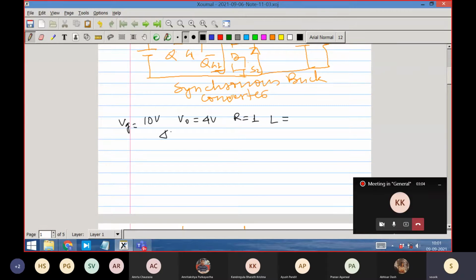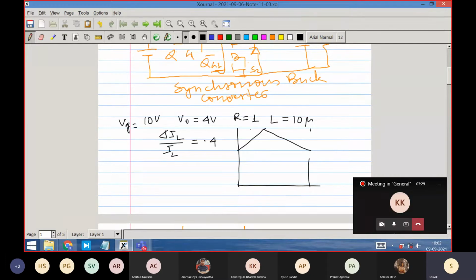We had chosen delta IL by IL is equal to 40%, and L was 10 micro. So what it implies is, if I draw qualitatively the current waveform, it would be like this, coming down to this value. That is the ripple. Ripple is 40%.